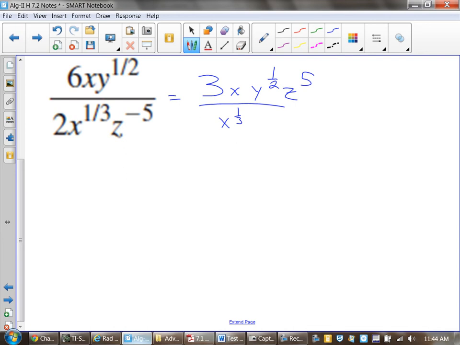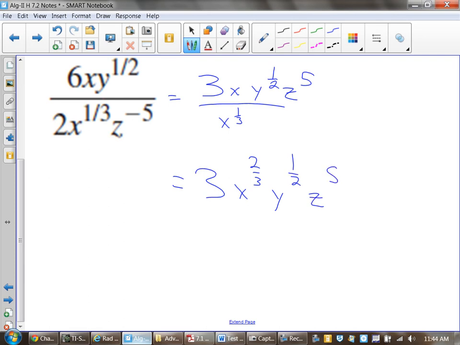Now, I go variable by variable to simplify those last few steps. I only have to worry about one of them, x. What wins? X to the first or x to the 1/3? What's 1 minus 1/3? 2/3. So your final answer then is 3x to the 2/3, y to the 1/2, and z to the 5th.